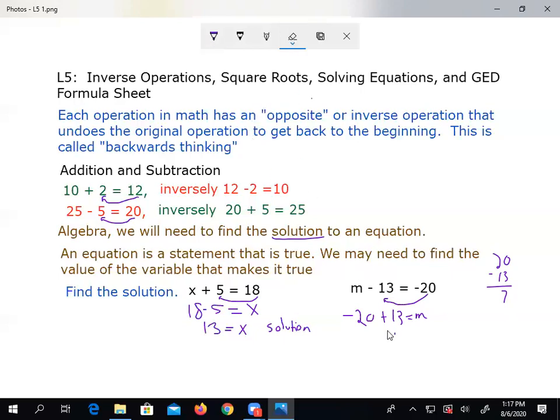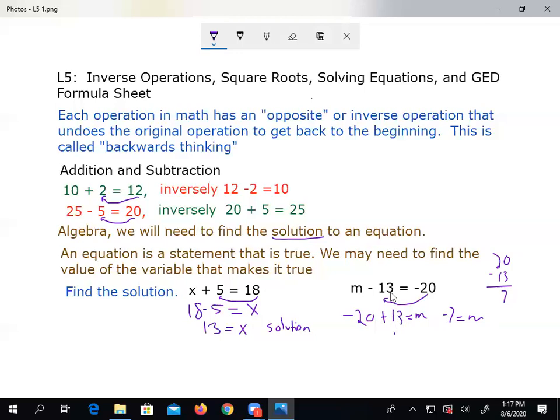I have to go up a little higher, so that's going to be a negative 7. That's going to be the value of m, because negative 7 would be the solution to this, which means it's also the solution to this.